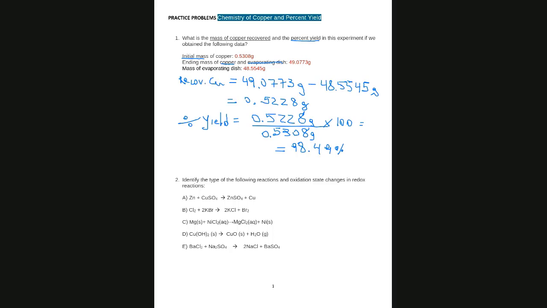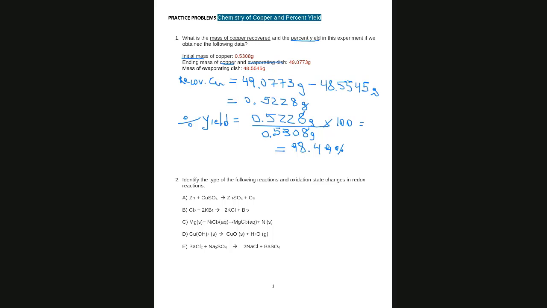Okay, let's look at the next one. There are some questions in the pre-lab quiz that ask you to recognize what kind of reaction you are having. So let's identify, that's why I put it there, the type of the following reactions and oxidation state changes once you find a redox reaction.